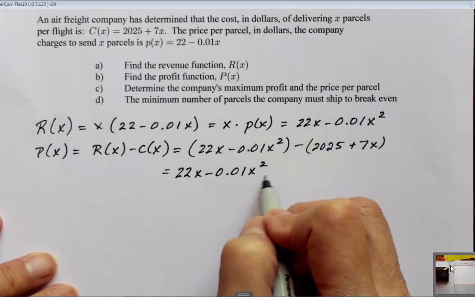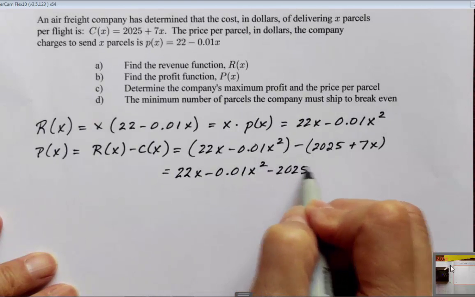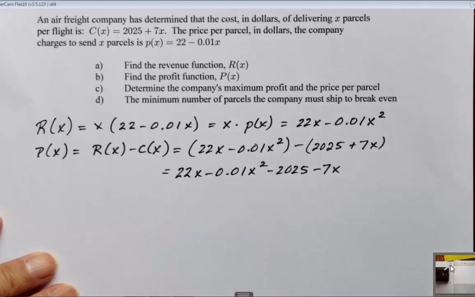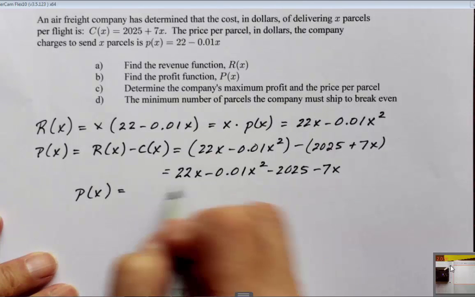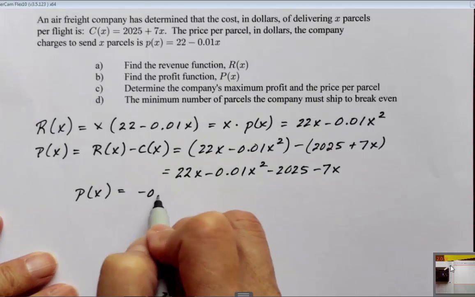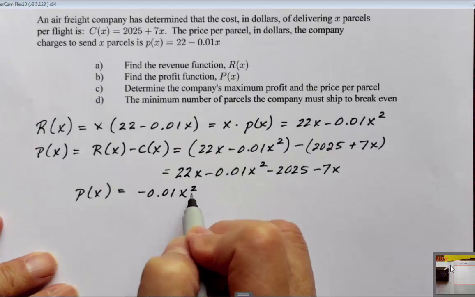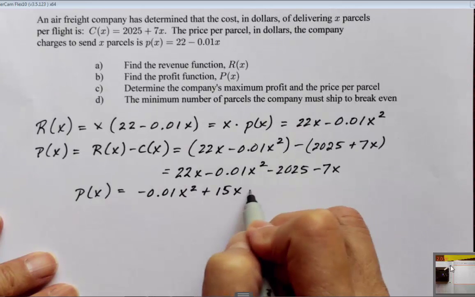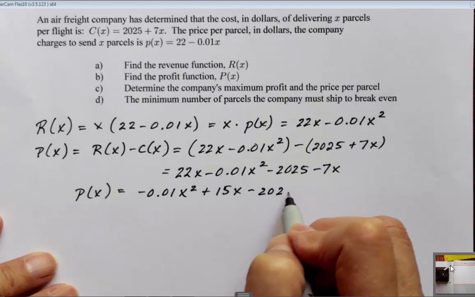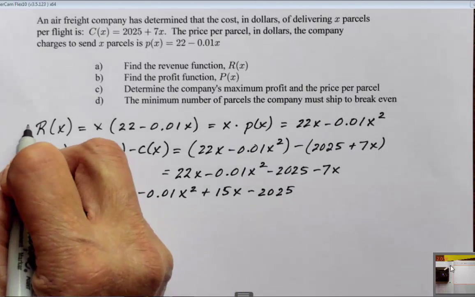So it becomes minus 2025 minus 7x. Simplifying gives you P(x) equals negative 0.01x squared plus 15x minus 2025.